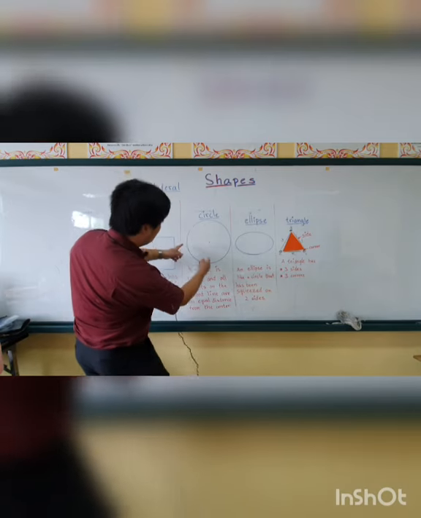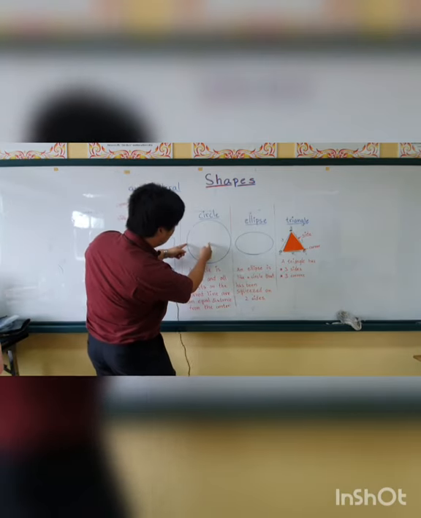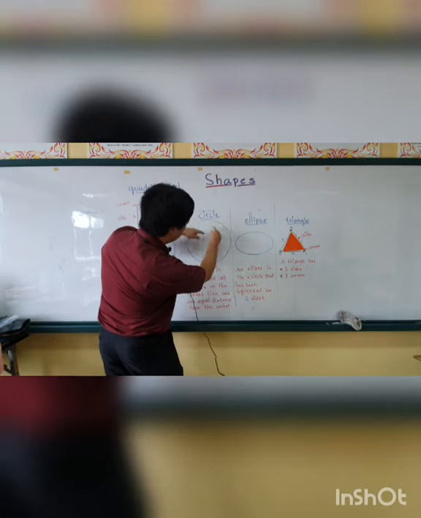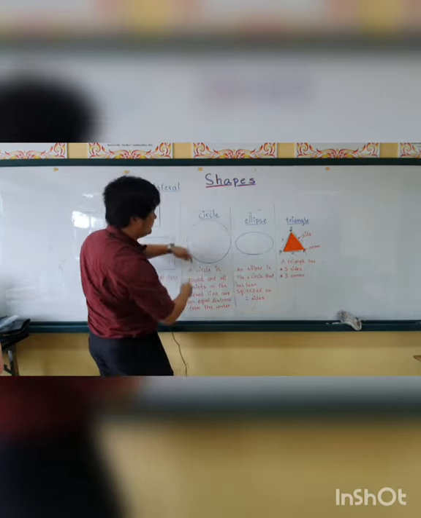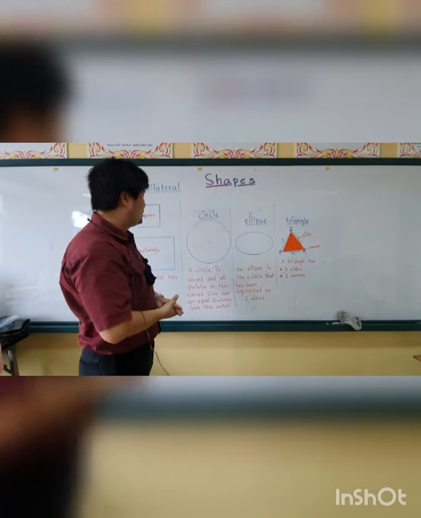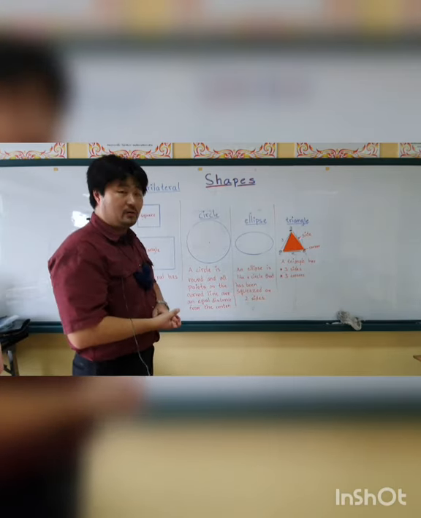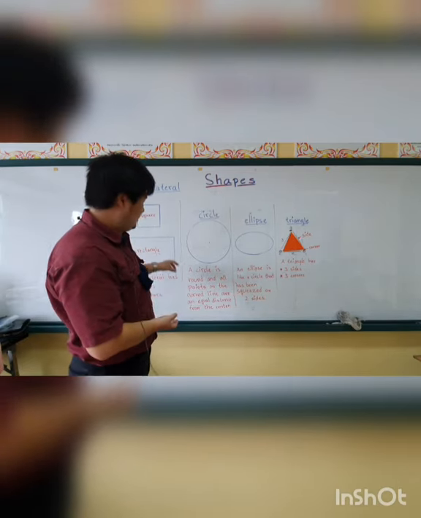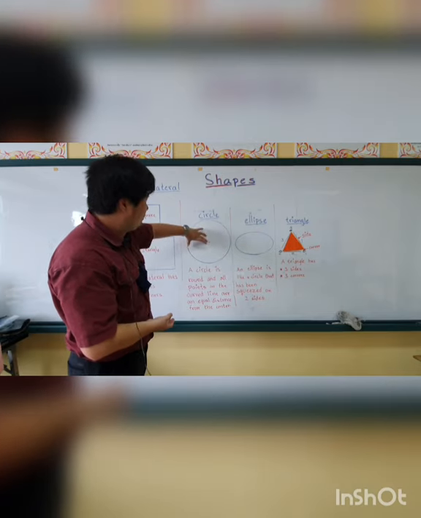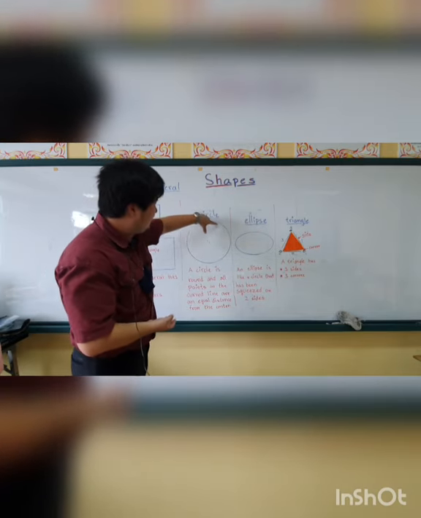Okay, so the curved line, this point and the center, this distance is exactly the same all the way around. So that is the definition of a circle. It's round and it's an equal distance from the curved line to the center.